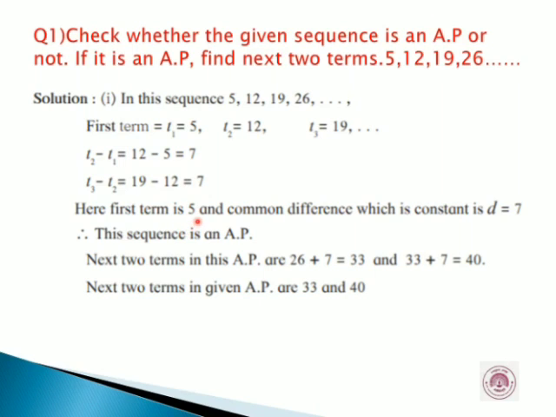So the first term is 5 and the common difference D is a constant, that is, we are getting the same number 7 only. So D is equal to 7. That means this sequence is an AP. So how will you find out the next two terms? Here the fourth term is 26. By adding 7 to this, 26 plus 7 is equal to 33 and the next term is 33 plus 7, which is equal to 40. So the next two terms in the given AP are 33 and 40.